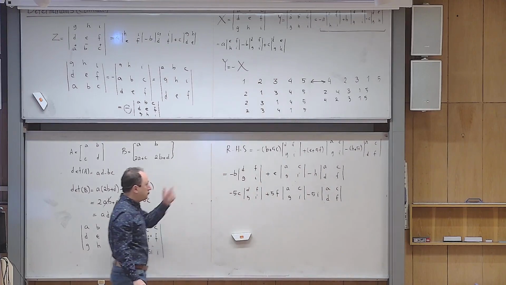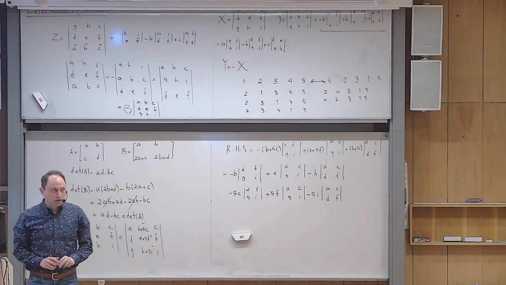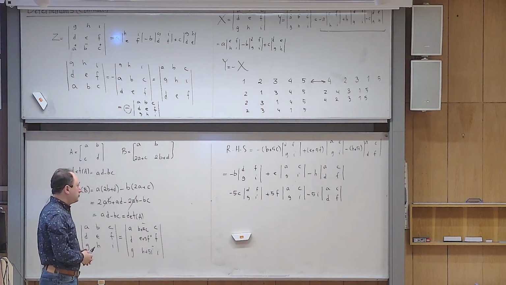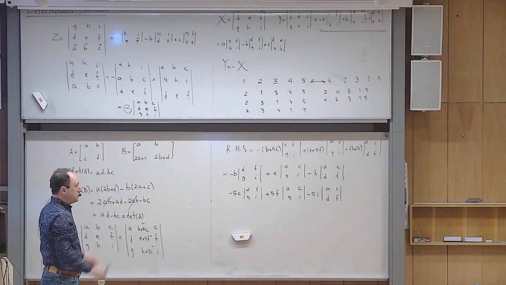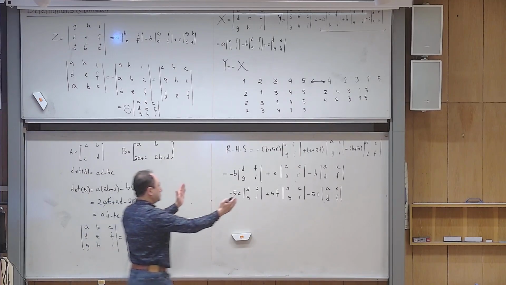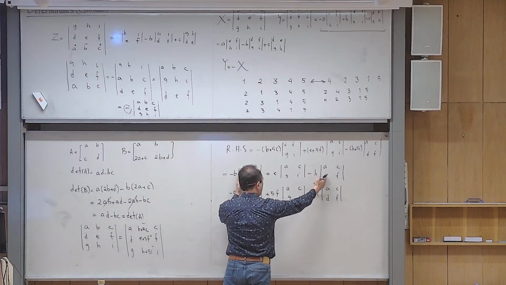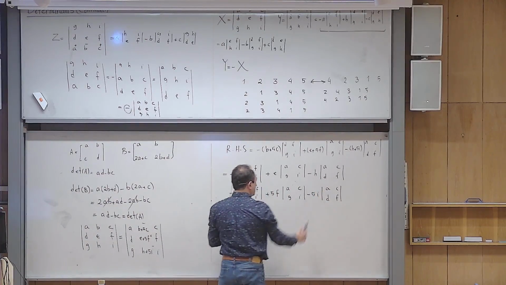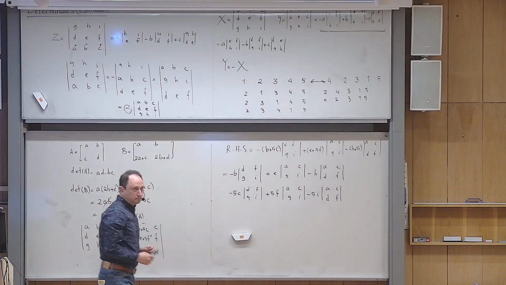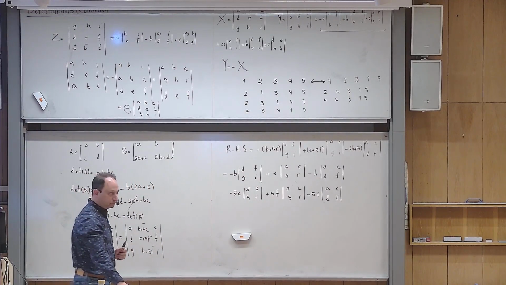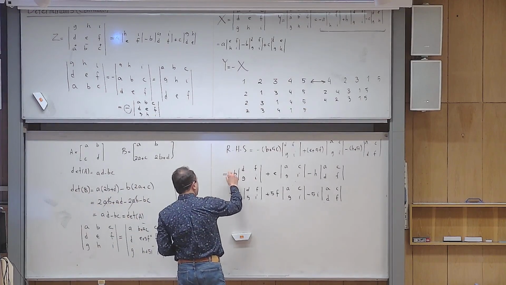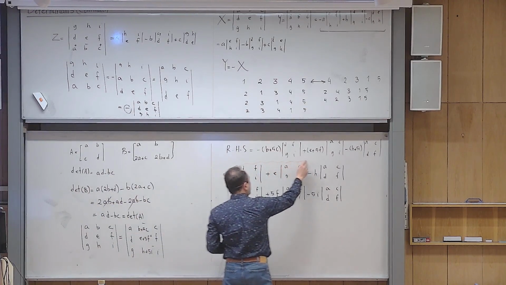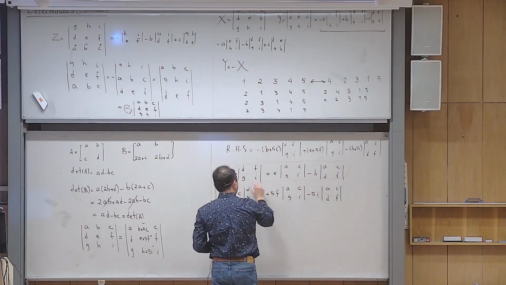Now why do you think this is a good way of doing things? What do you think will be my goal of collecting the terms in this way? To put these three terms next to each other and to put these three terms next to each other. In other words, can you tell me what can I write instead of this first one?